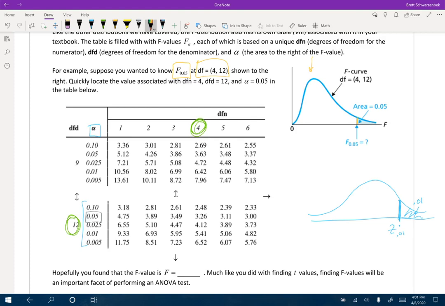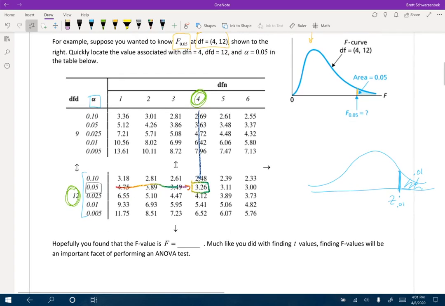So what do we do? Well, just like we always do, we follow inwards until we get to 3.26 as the value of f for our problem, 3.26. This will be an important thing that you'll have to learn in order to run your ANOVA test.